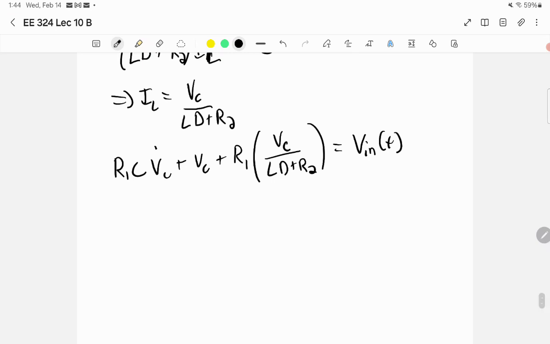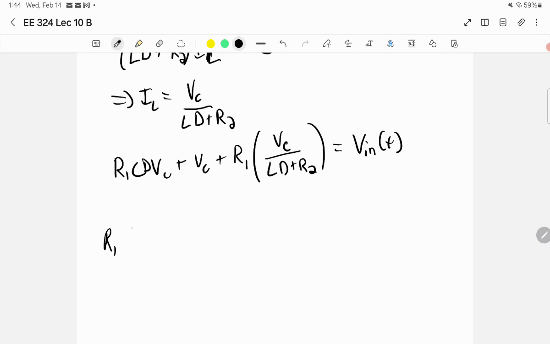Now I can do my normal thing, which is multiply by LD plus R2. By the way, I should have written this as a D, right? It makes my life easier to write it with a D here because then I can multiply.